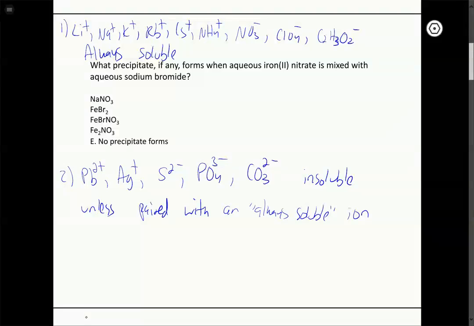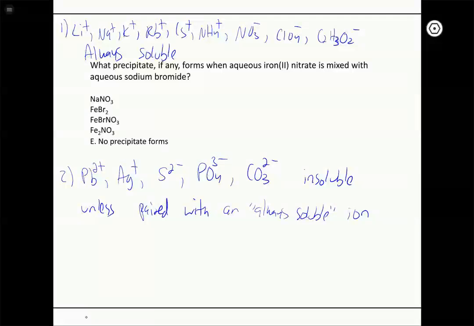So lead, Pb2 plus, with most things is going to be insoluble unless the anion that's with it is nitrate, perchlorate, or acetate. Sulfide, S2 minus, is going to be insoluble unless the cation that's with it is lithium, sodium, potassium, rubidium, and so on. So this first rule, the always soluble one, supersedes all the rest, but then there's also a category of compounds that are pretty much always insoluble unless they're paired with one of those first ones.